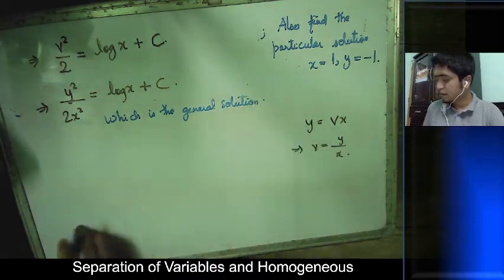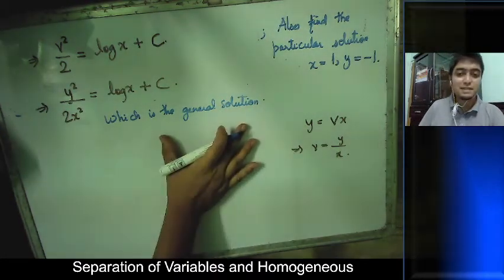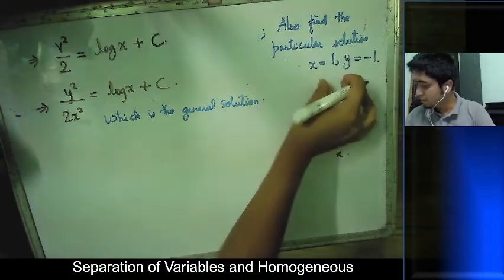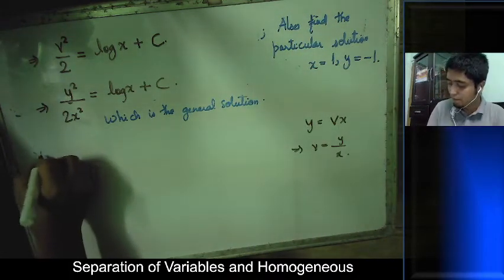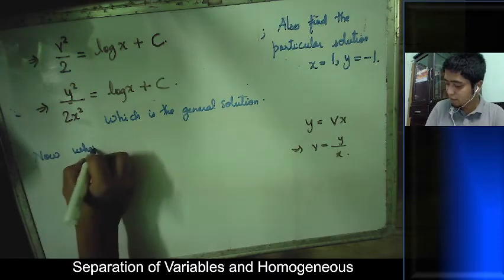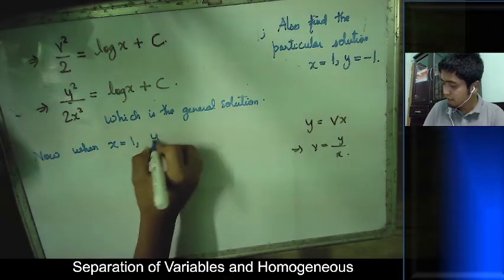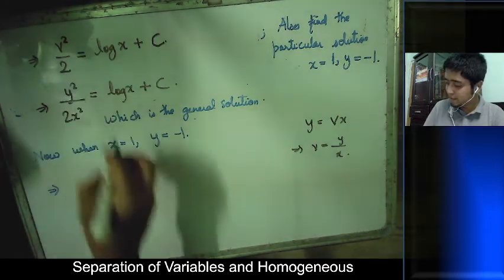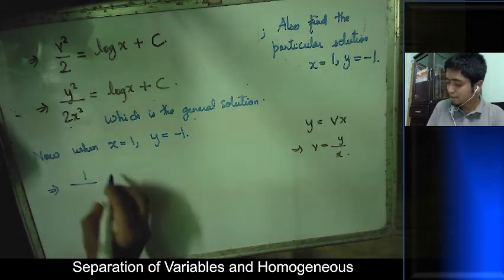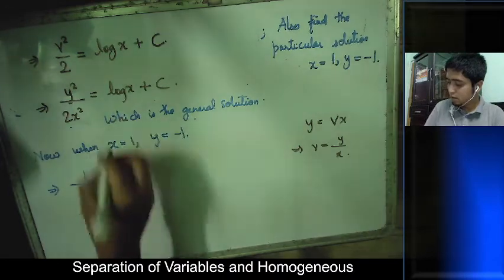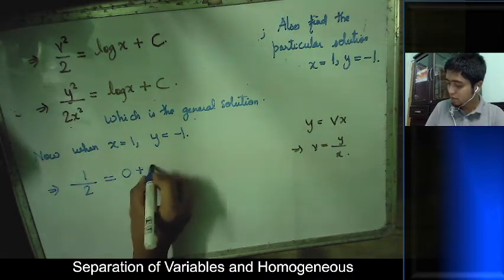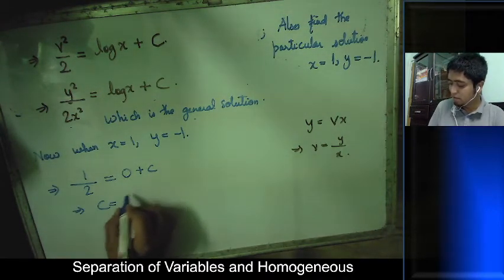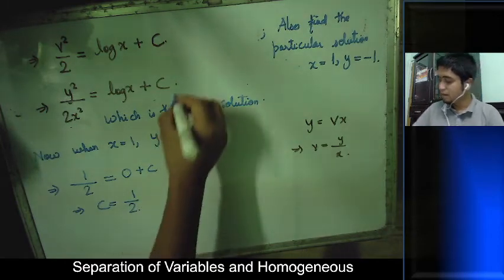So this is the general solution, but we need to find a particular solution. Now, when x equals 1, y equals minus 1, substitute it over there. Y squared will become 1, 2x squared will become 2, log 1 will become 0 plus c. So c will become 1 by 2.